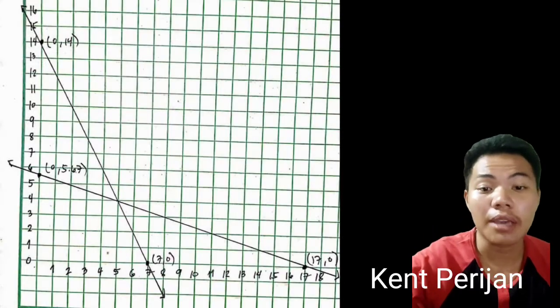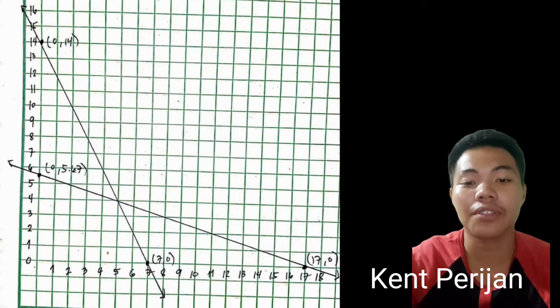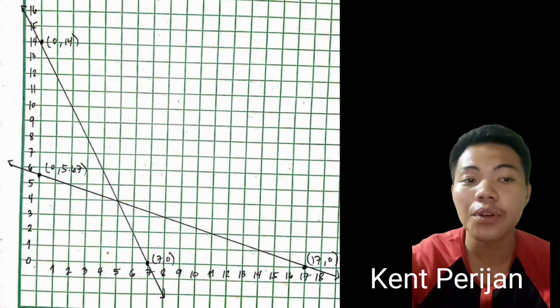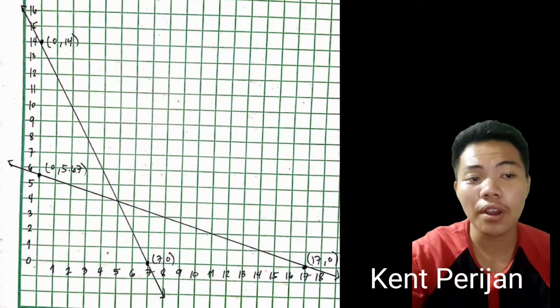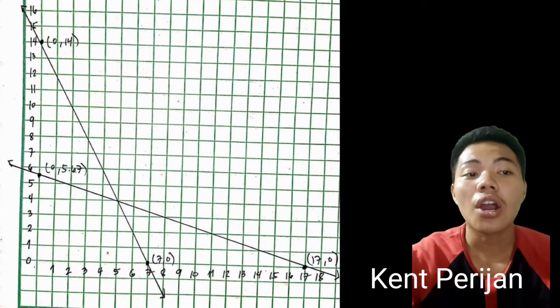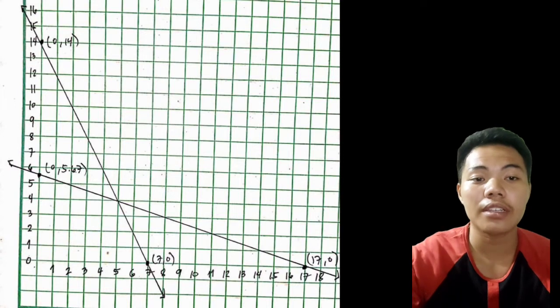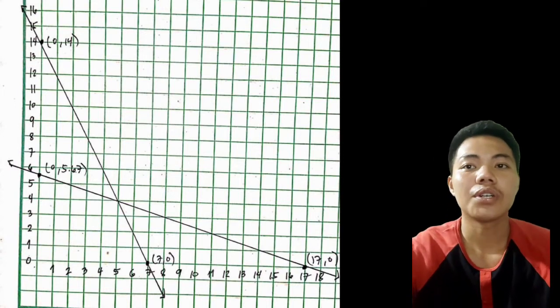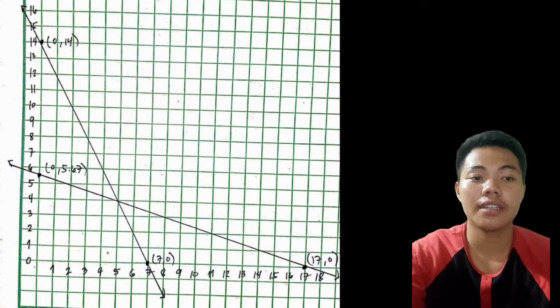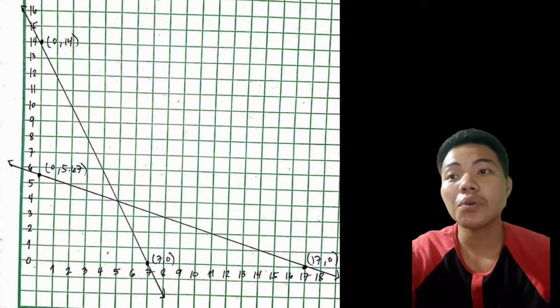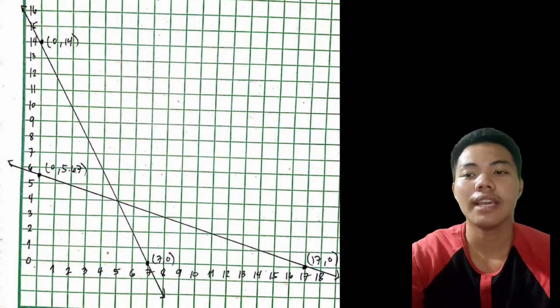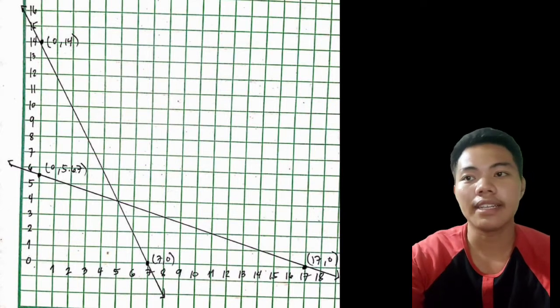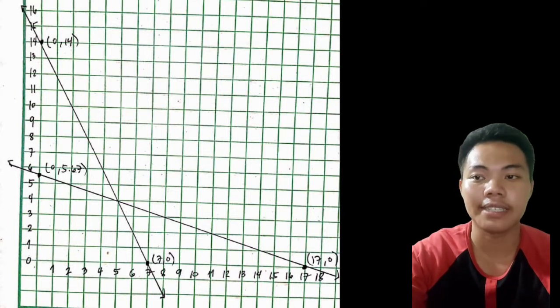Good day everyone, I am Kent A. PERIJAN and I would like to thank Mr. ALDWIN TEJAS for providing us the correct data to make and plot our graph that we will use to connect the x and y axis. So let's plot the data. (0, 14) and (7, 0), and let's connect to the x and y axis.